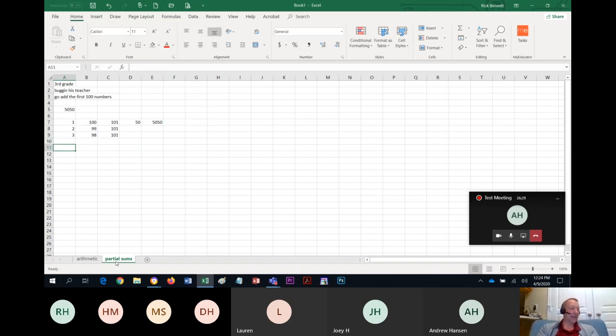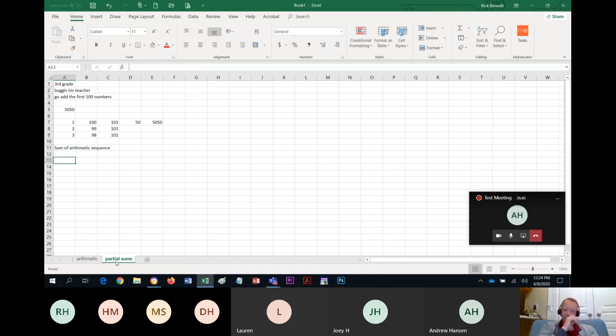So we can take what this third grader did, and we can find the sum of an arithmetic sequence. And so I'm going to give you 2 formulas.